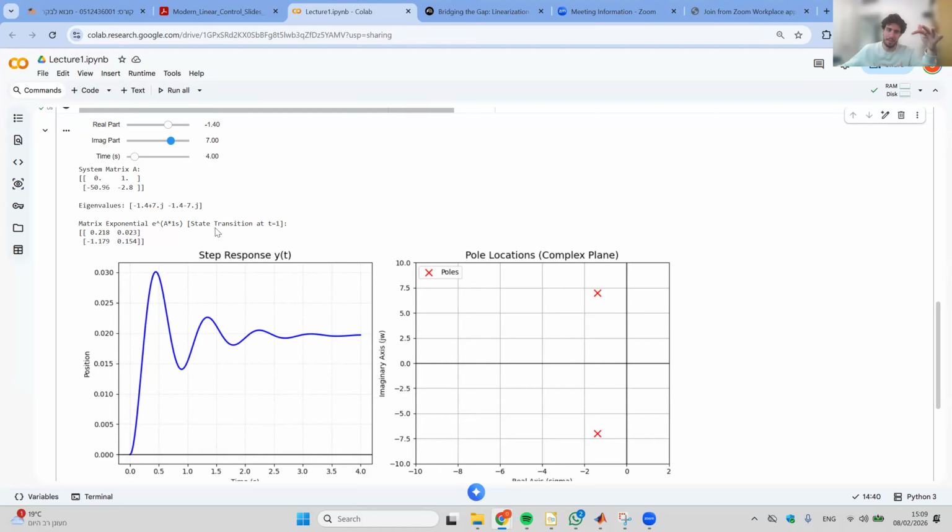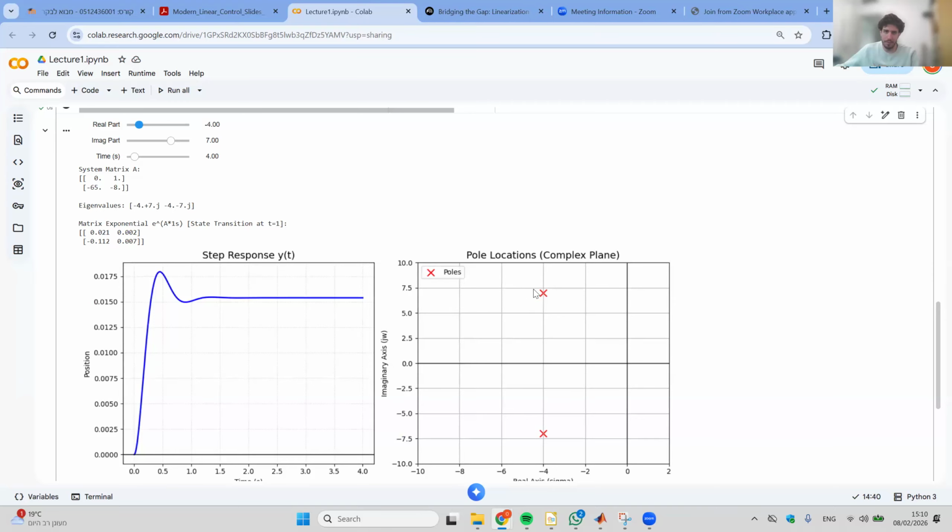When the system is stable, we expect the response to go to some finite value as t goes to infinity. Here I have a slider for the real part. The more negative the real part, the more left the poles will be. And as you can see, as long as the real part is negative, the response goes to some specific finite value.